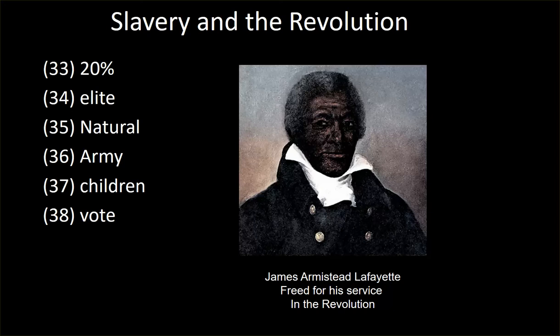Now, today, the contradiction between slavery and freedom is really obvious to us, so it's hard to understand how powerful the obstacles to abolition were back then. At the time of the Revolution, slavery was already an old institution in America.